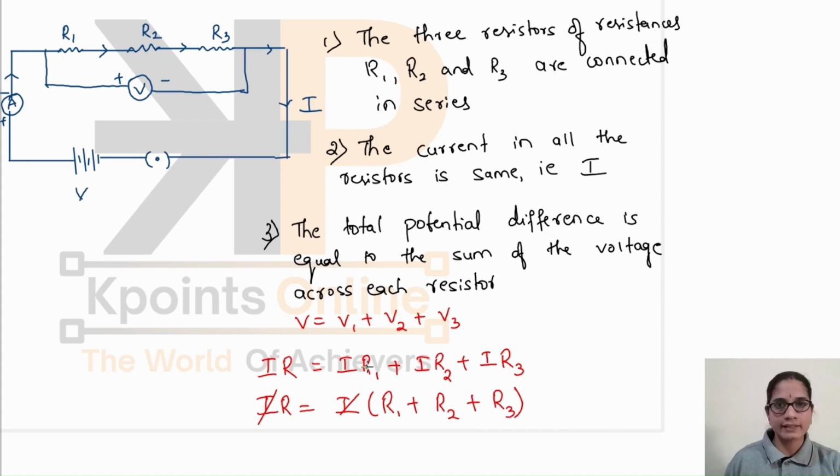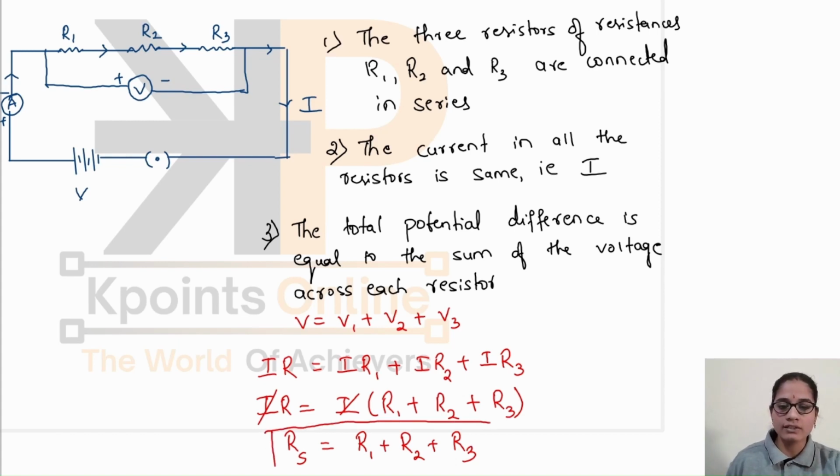So, the I on both sides will get cancelled. We get the equivalent resistance as the sum of the individual resistances. The equivalent resistance for the series combination of resistors is equal to the sum of individual resistances. So, Rs is equal to R1 plus R2 plus R3.